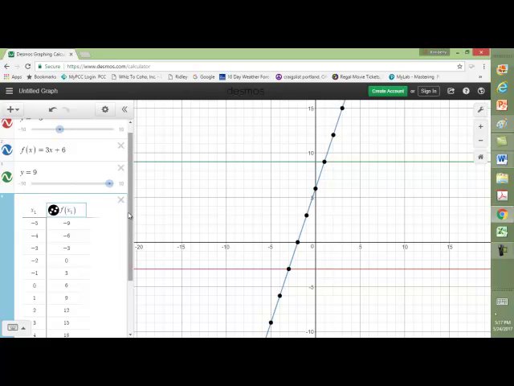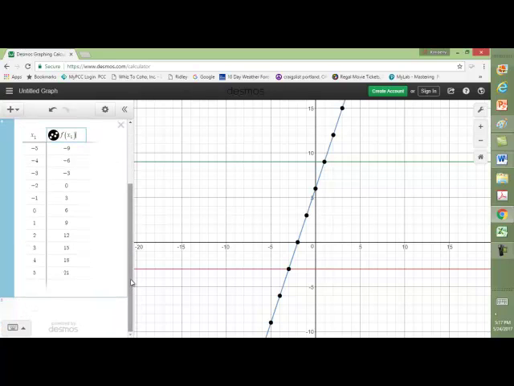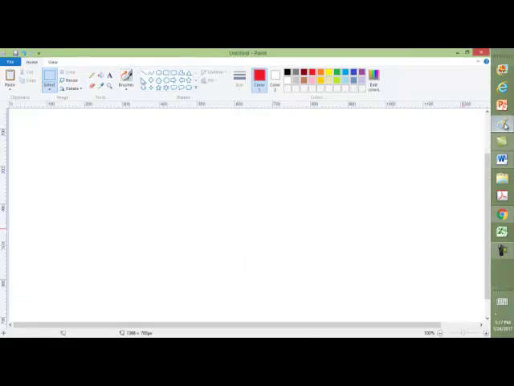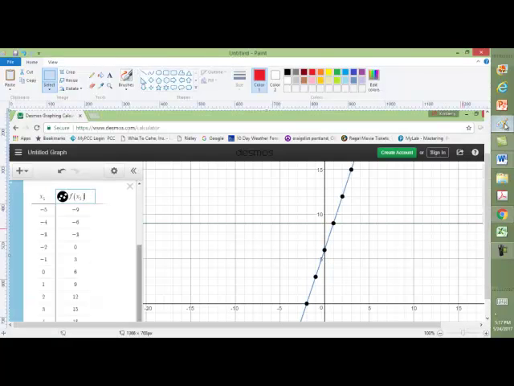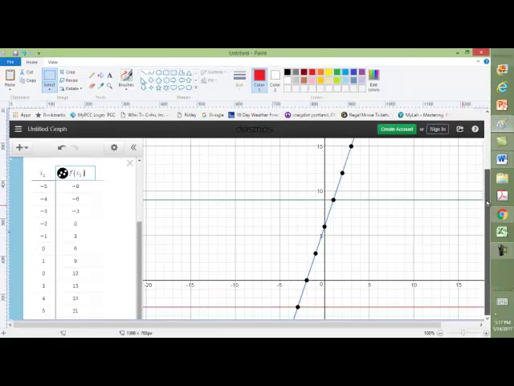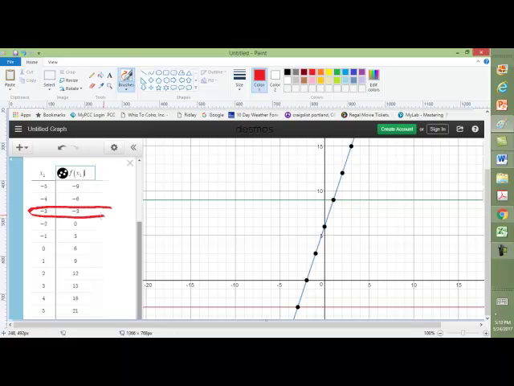If you're trying to solve this with a table, what you want to do is look for where the values are the same. So let's go ahead and take a look at just this table. Notice that our values are -3 right here.